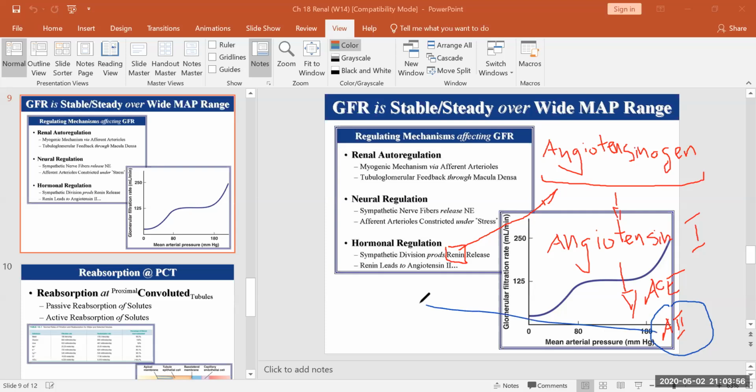And it is this angiotensin 2 that is one of the more remarkable chemicals. This is one of the strongest vasoconstrictors. It will induce the smooth muscle in the wall of your blood vessels to constrict, vasoconstrictor.